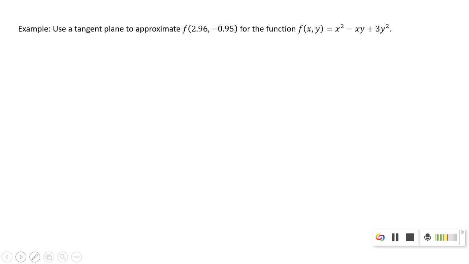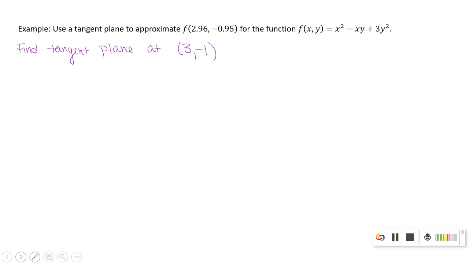All right, for my next example, we're actually going to use our tangent plane to approximate the function. So this example says, use a tangent plane to approximate f of 2.96, negative 0.95 for the function x squared minus xy plus 3y squared.